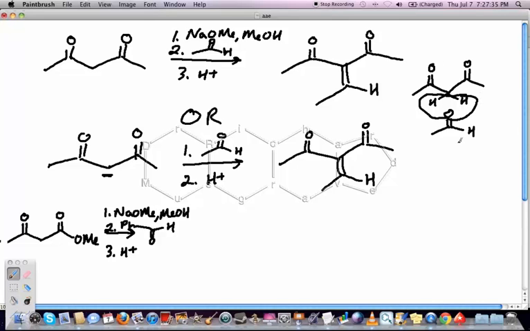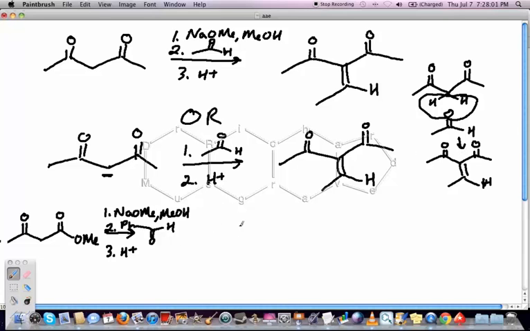All right, so that would give us this product. And you can see in this instance that since we have the same group attached to the same carbon of the double bond, we don't have any cis or trans isomerism in this case. So that's how that would work out.